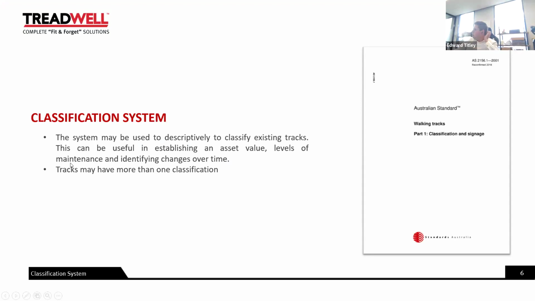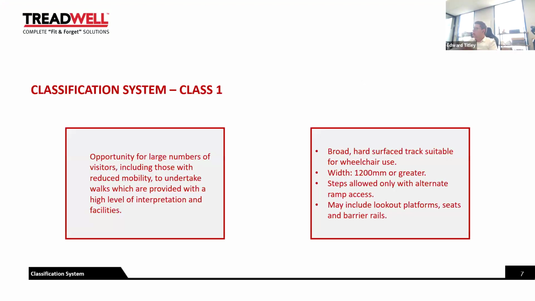The classification system can be used to classify existing tracks, or you can consider it when constructing a new track, and tracks can also have more than one classification. Class 1 track: this would be a location where there's an opportunity for large numbers of visitors, including those with reduced mobility, to undertake walks which are provided with a high level of interpretation facility.